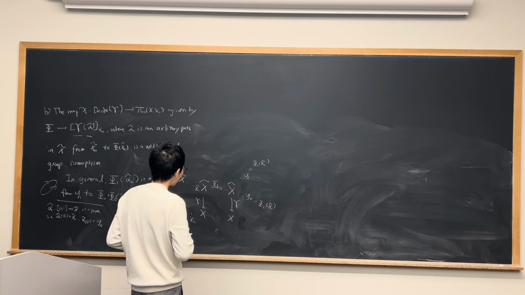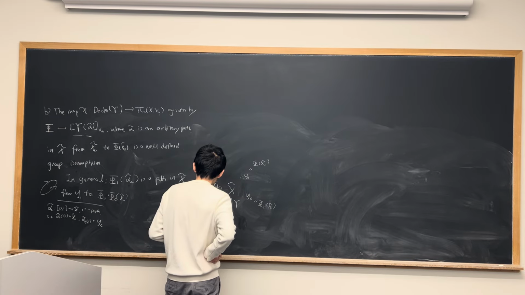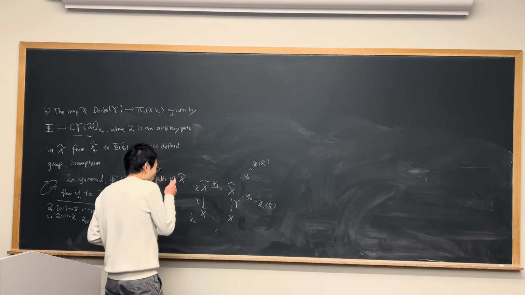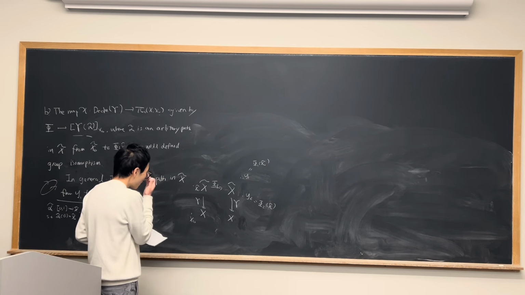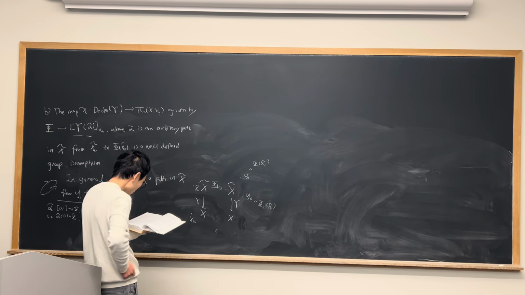Here I think the graph is somehow misleading, because this x tilde is in F, right? And I think these yj are also in F, right?